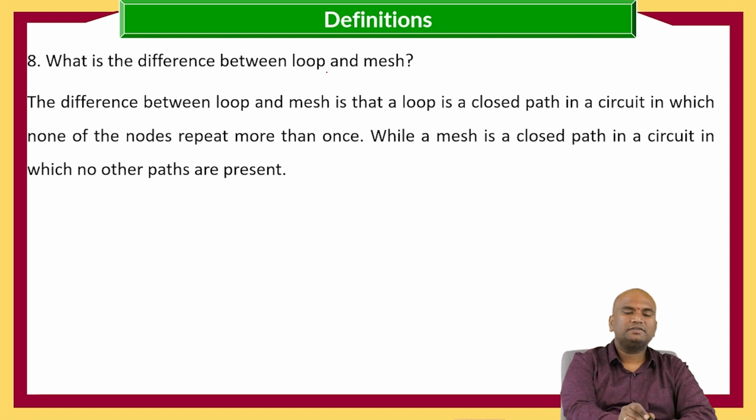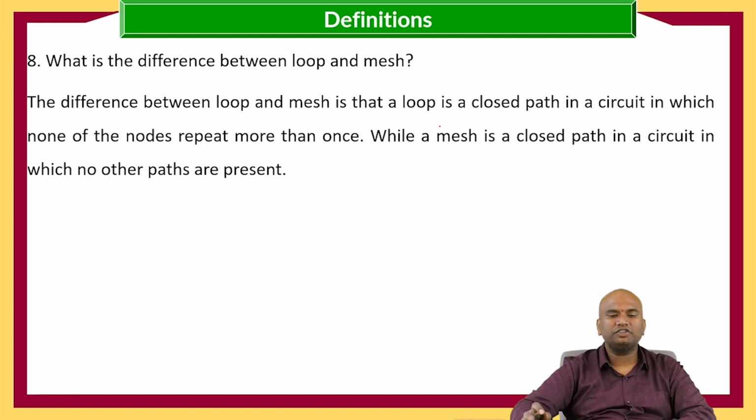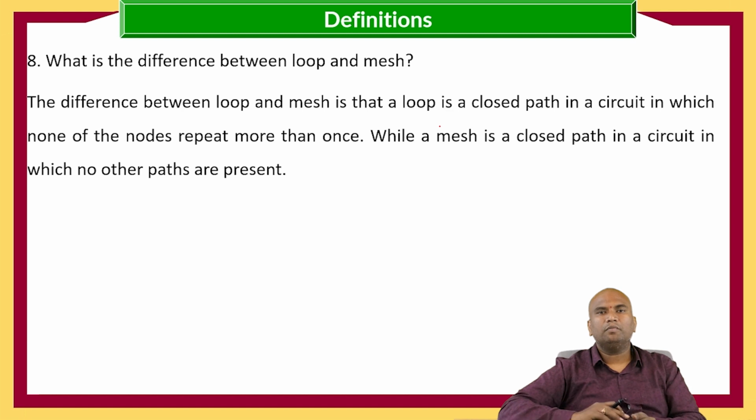The next one is, what is the difference between loop and mesh? Both are closed paths, but in a loop there may be some inner loops, whereas in a mesh no other inner loops are present.